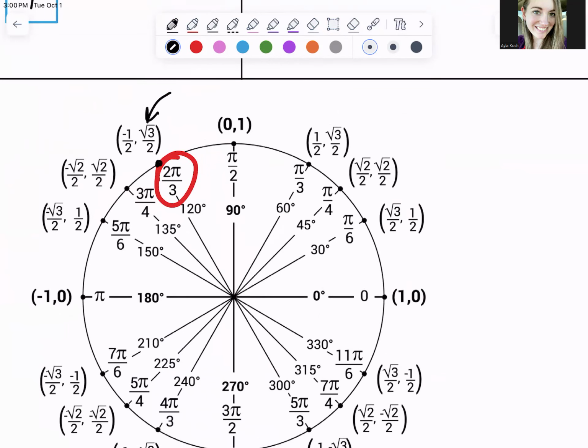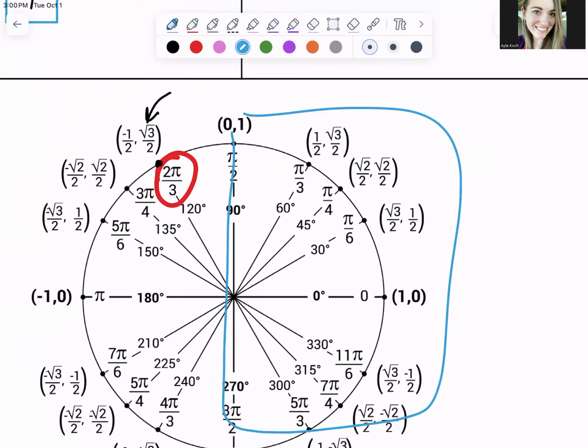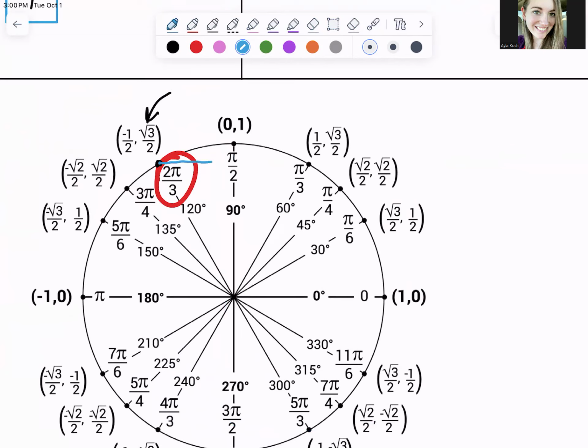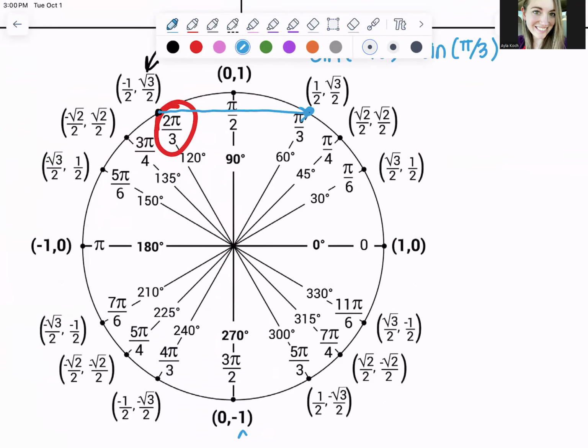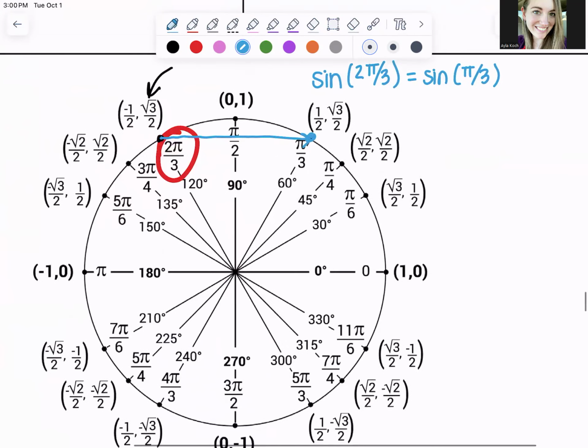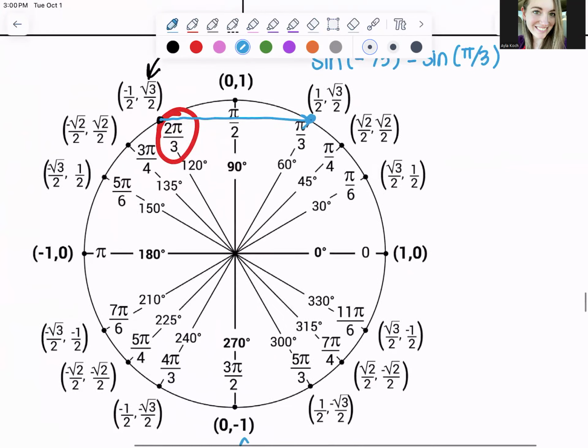I need it to be in this right half of the circle. So who else has that same y value? Aha, the pi over 3 angle that exists in quadrant 1. So sine of 2 pi over 3 is equal to sine of pi over 3.